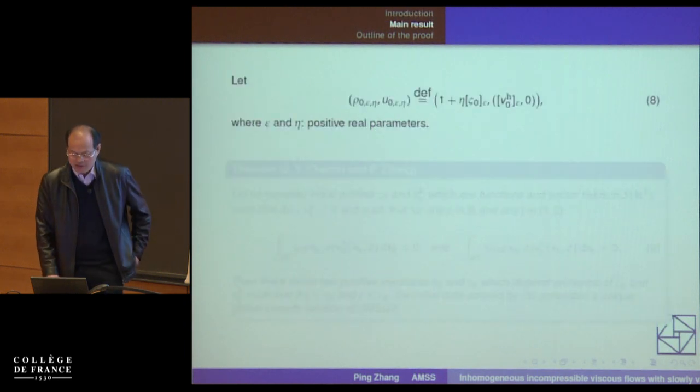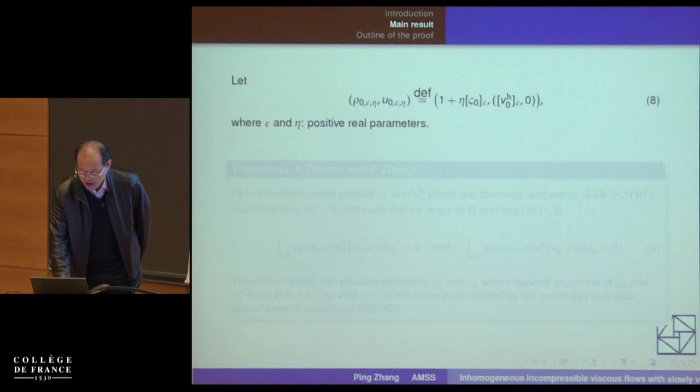So now let's turn to our problem. The main result of this talk is to study the global well-posedness of the 3D inhomogeneous Navier-Stokes system with the initial density rho 0, epsilon given by rho 0, epsilon, eta, which equals 1 plus eta to the power sigma 0 bracket of epsilon, and with initial velocity equal to v0h bracket epsilon, 0.